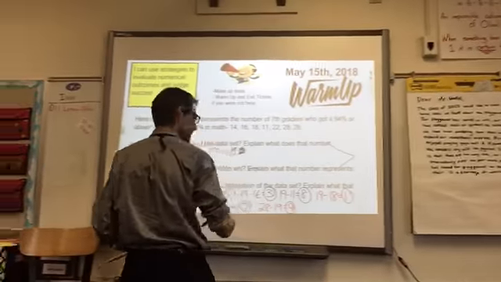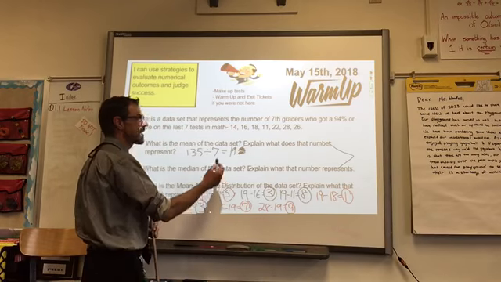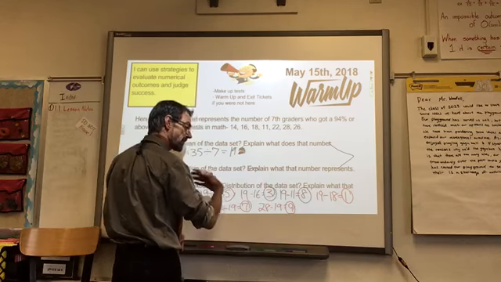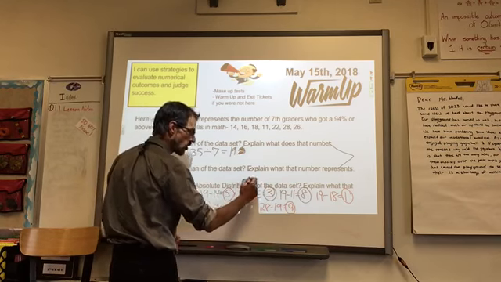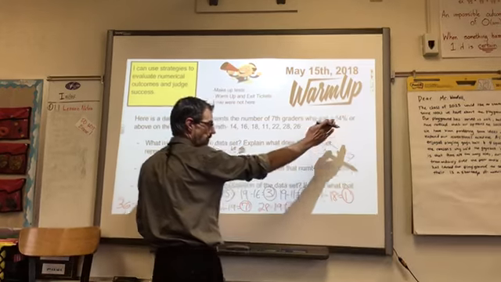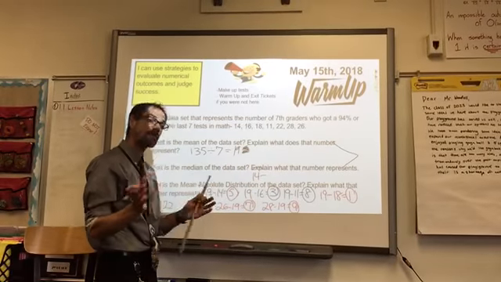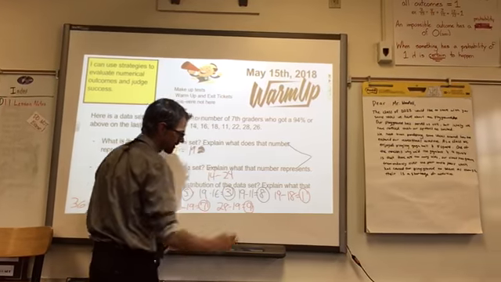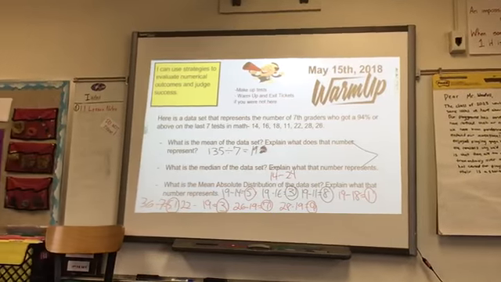Average and mean are not the same. If my mean was 19, I go 5 up and 5 down. So my range of kids scoring above 94%, my average mean range, is 19 to 24, which is a pretty big range.